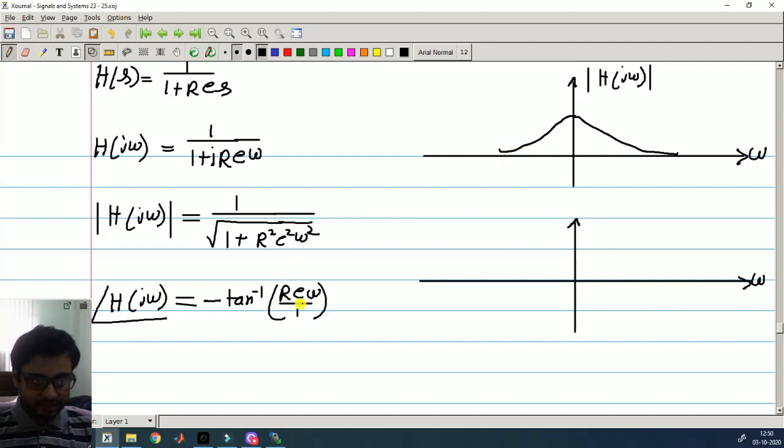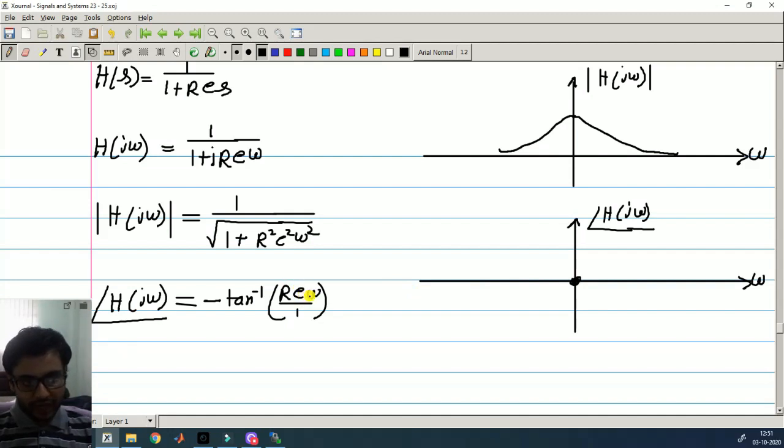And then this angle of H(jω): when ω is 0, tan inverse 0 is 0, so here the angle is 0.